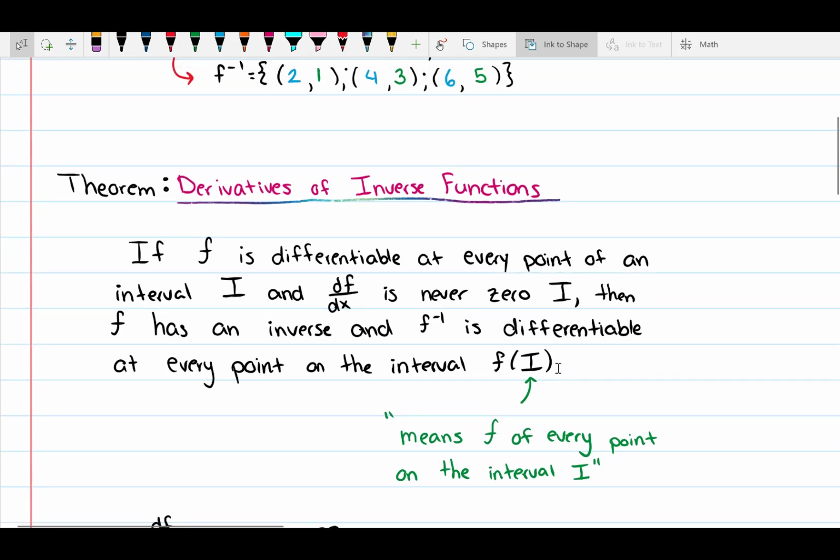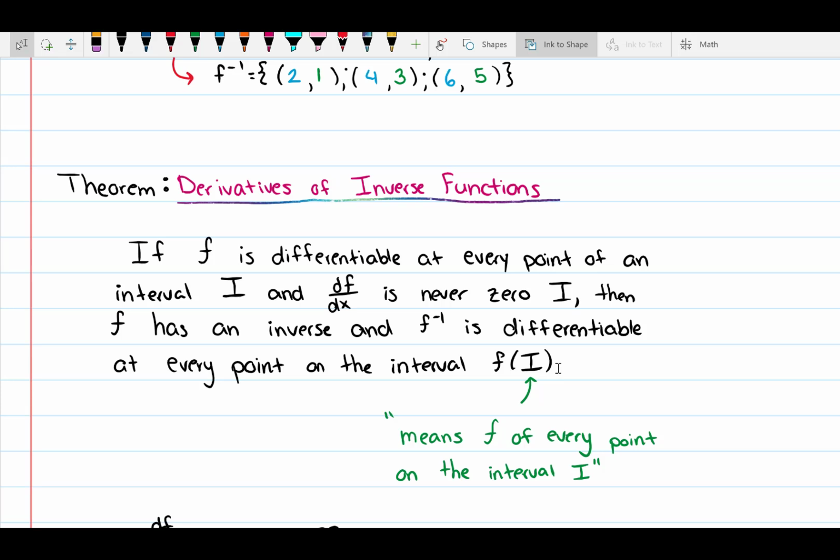The theorem says if f is differentiable at every point of an interval I and df/dx, the derivative of f with respect to x, is never 0, then f has an inverse, and f inverse is differentiable at every point on the interval f of I. f of I simply means that for every point, f exists on the interval I. The interval does not need to be negative infinity to infinity. We're definitely going to later restrict the interval to make it differentiable.